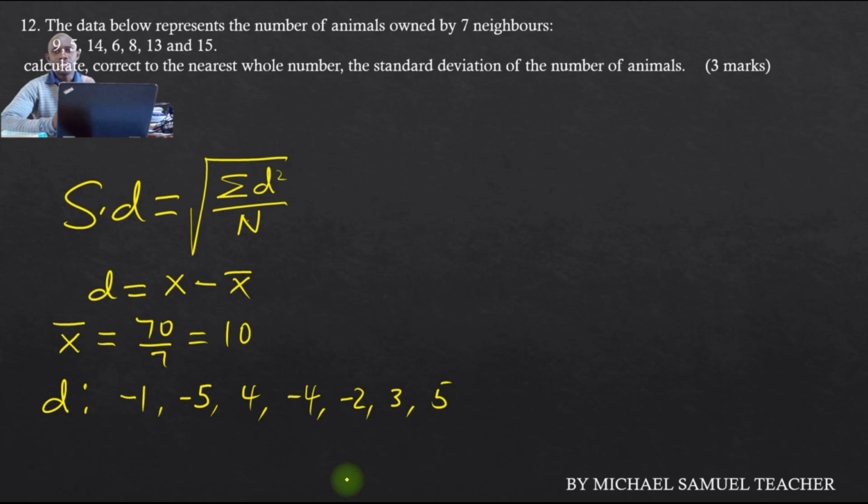So, if you add all of these, you will get 0. So, we need to square them. So, the squared deviations are 1, 25, 16, 16, 4, 9, 25. So, we add all of them.